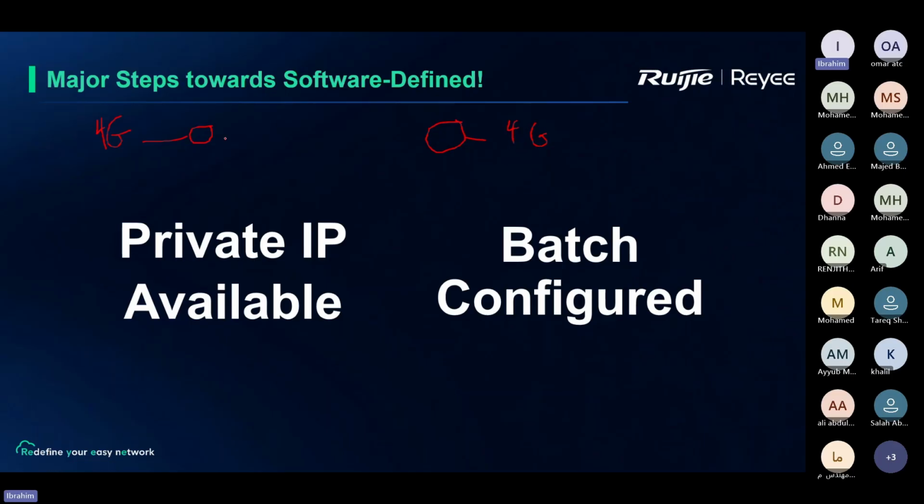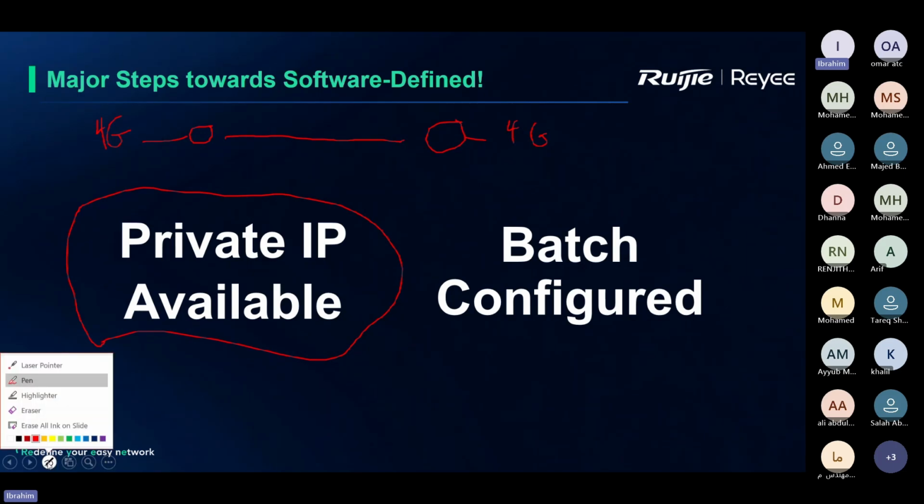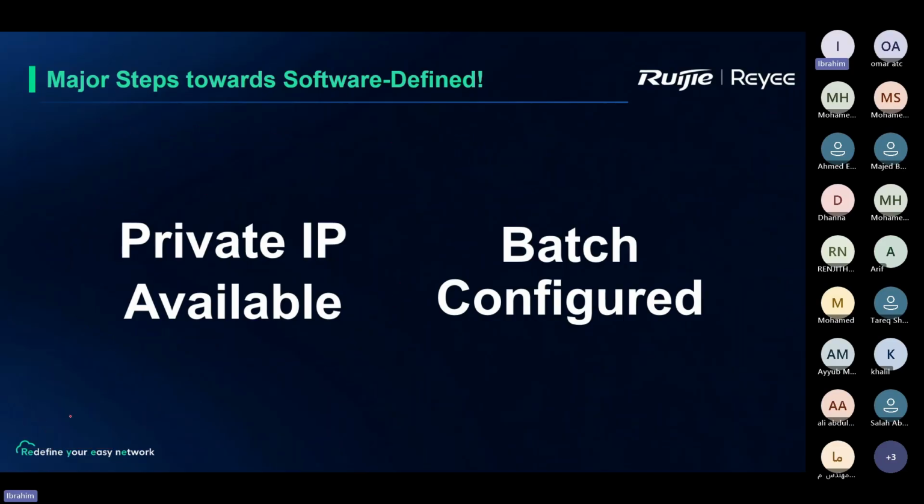So making a VPN tunnel between these two sites is very hard. But if you are using SD-WAN, it will be very easy to make it between these two sites. So now the private IP is not a problem for us. You can use a connection between two sites even when there is no public address available.